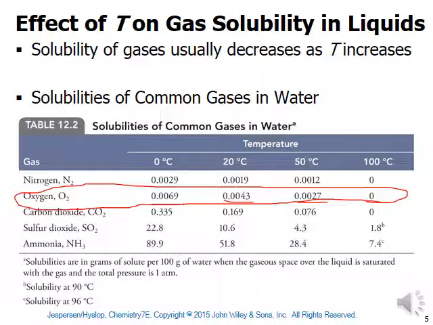fish. Fish live in water and they breathe oxygen. Just like us, their gills breathe oxygen. Instead of extracting oxygen from air, they extract the oxygen from water. Just so you know, the oxygen they're extracting is O2 that's been dissolved in water. So if you increase the temperature of your water, there'll be less and less oxygen in the water, and therefore the fish aren't going to live very well.